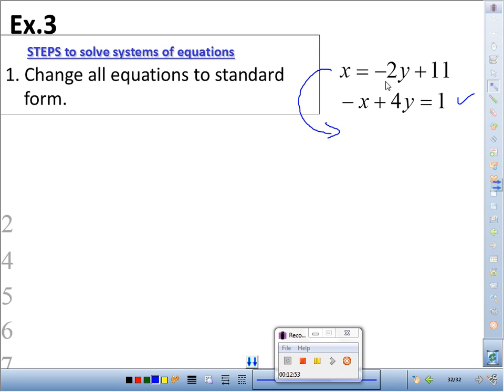To write in standard form, what do I need to do? Add 2y, add 2y. This cancels, so what do I write here? What do I have? x plus 2y equals 11. Do you know what to do from there? Okay, finish it off, please. See what you get.